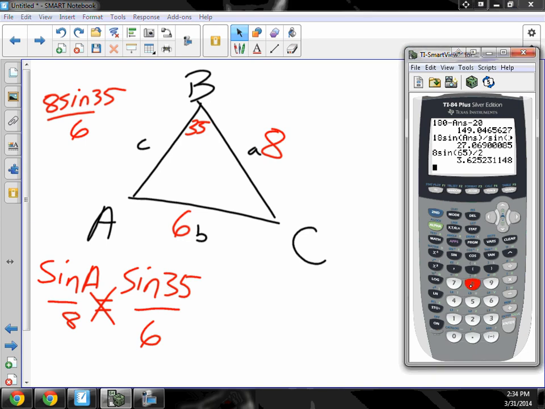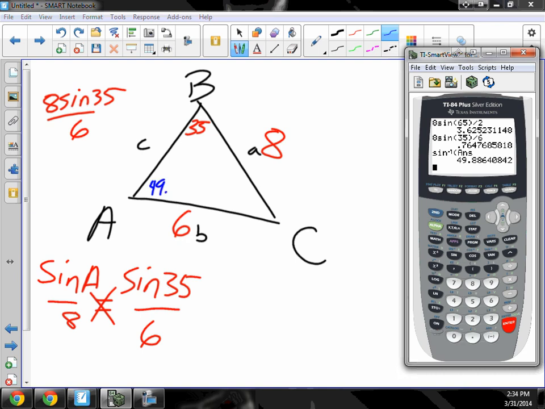So 8 sine of 35 divided by 6. Does this have solutions? Yes. So I invert, figure out what the angle is, and I get angle A is 49.88. What does that mean? 2 solutions.